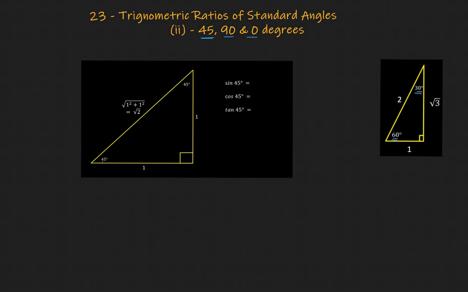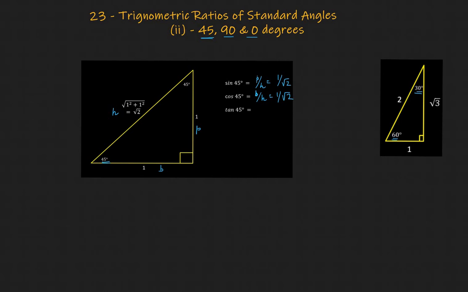So in this triangle, for this 45 degrees, this would be the perpendicular, this would be the base, and this would be the hypotenuse. So sine 45 is perpendicular by hypotenuse, that is 1 by root 2. Cos 45 is base by hypotenuse, that's also 1 by root 2.